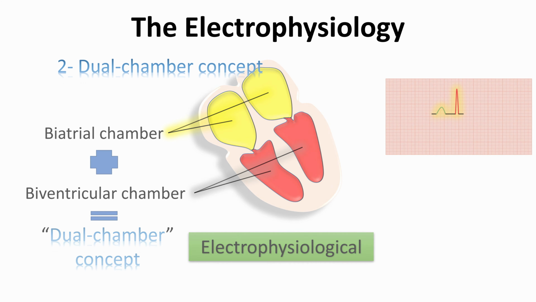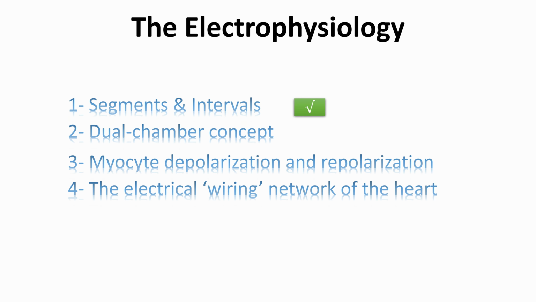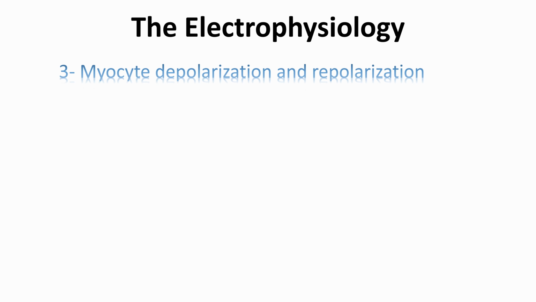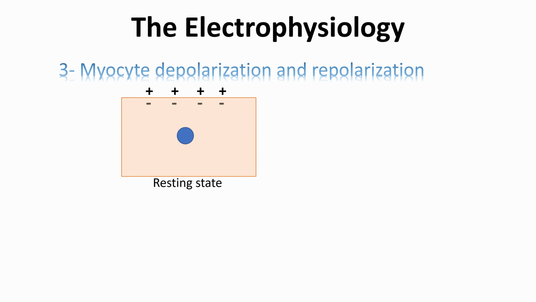So after understanding the double chamber concept, let's jump to the next subject, which is myocyte depolarization and repolarization. In the resting state, the myocyte membrane bears a negative charge on the inner side.